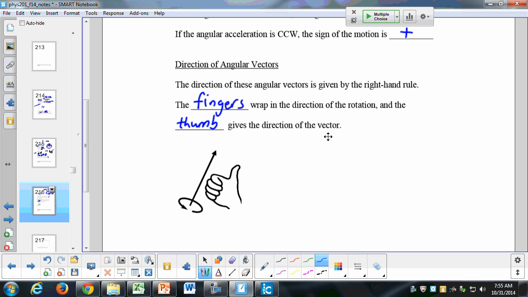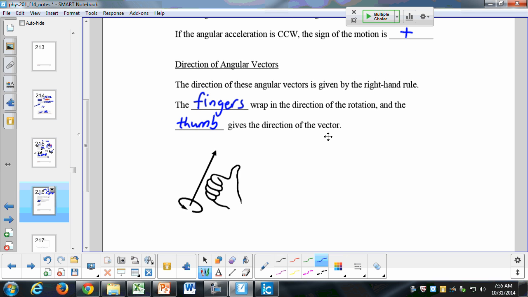I let my fingers wrap around in the direction that it's traveling, and then my thumb gives the direction of the angular velocity. So my angular velocity for an object spinning like this would be in the positive y direction. If it were spinning the other way, it'd be exactly opposite, in the negative y direction.